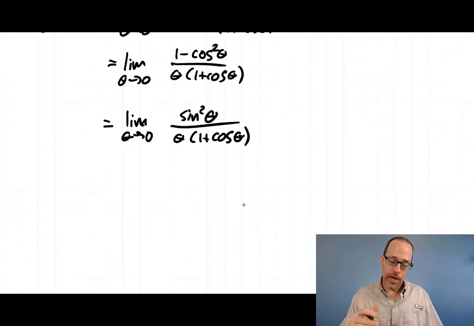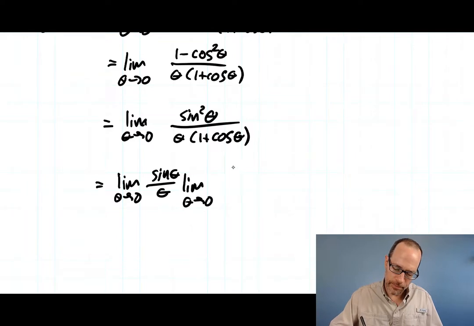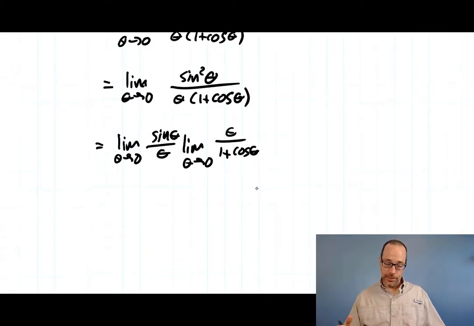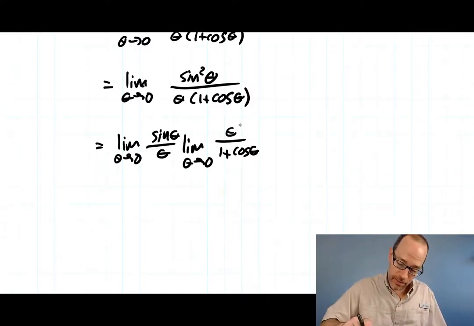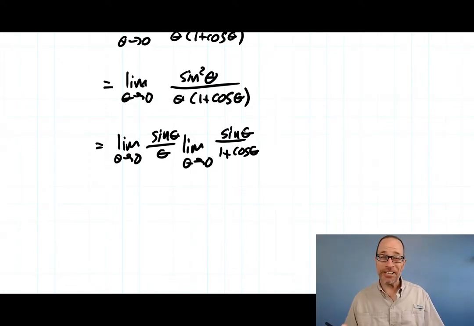And I know how to handle sine over theta, so let me put those together. Here I'm using the limit of a product as the product of the limits. I guess that should have been sine theta.